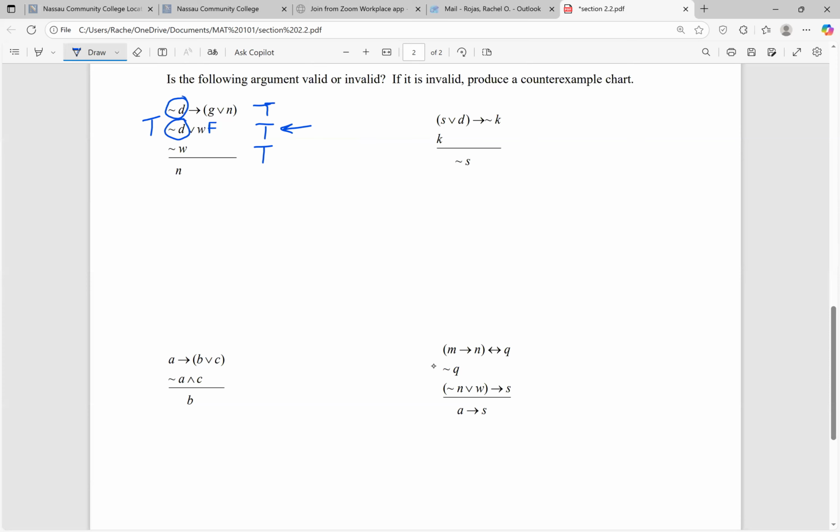And then not D over here would have to be true. And we have true implies, and I don't know what G or N are yet, but this is the right-hand side of a conditional, right? But we want the conditional statement to be true. So this or statement can't be false because true implies false is false. So this statement, G or N, has to be true.